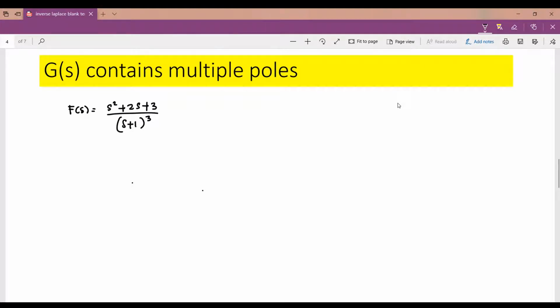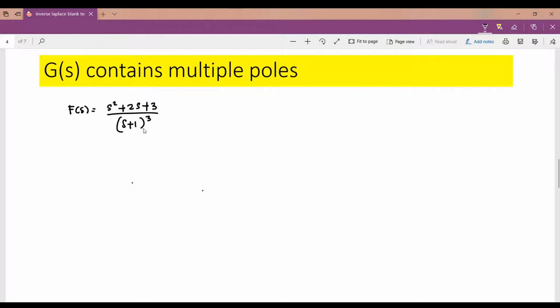Next, the second criteria is that S contains multiple poles. So let's say this is the transfer function, and you can see that this function has 3 poles, where all the poles are the same, which is -1.